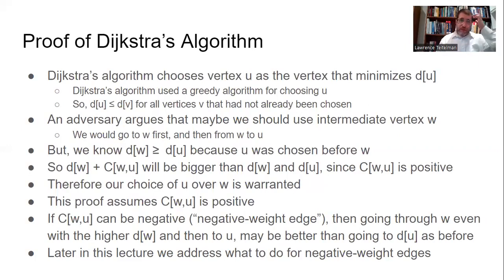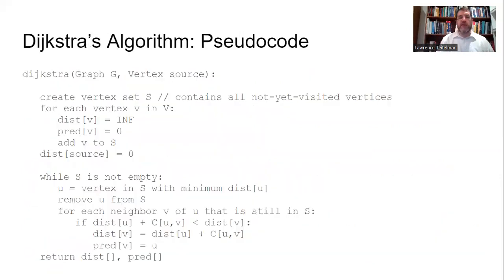The proof says as follows. We're using d here instead of dis, just for short. And the idea is that we take the shortest way to get to a particular vertex because it's only going to increase. So that's what I explained before. If you have negative weight edges, that's not true anymore because I can maybe spend a little bit more to get somewhere, but later on, I'm going to have negative weight edges, and that's going to reduce it.